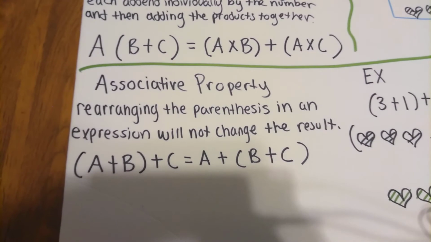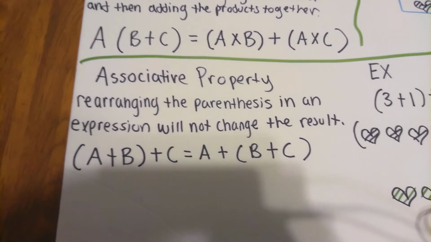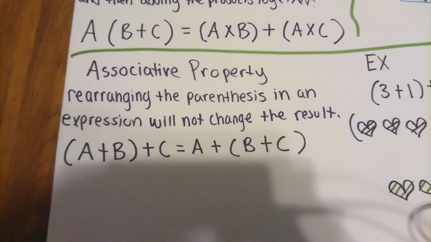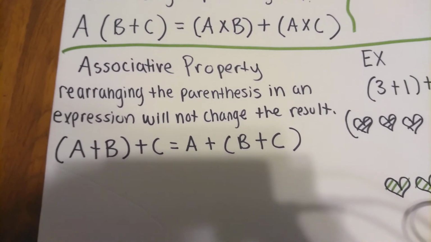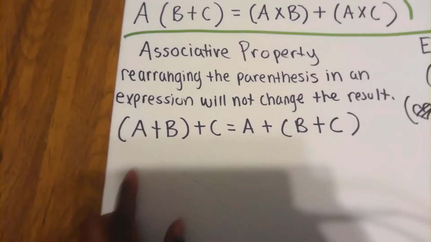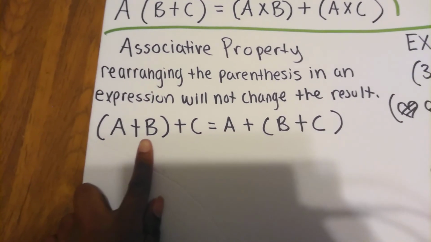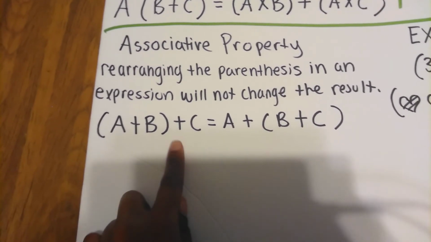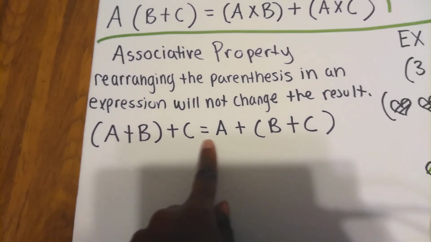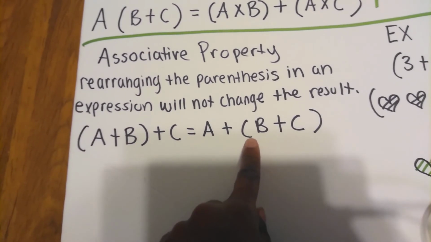Okay, and then here we have the associative property. Rearranging the parentheses in an expression will not change the result. And here are the variables. (A plus B) plus C equals A plus (B plus C).